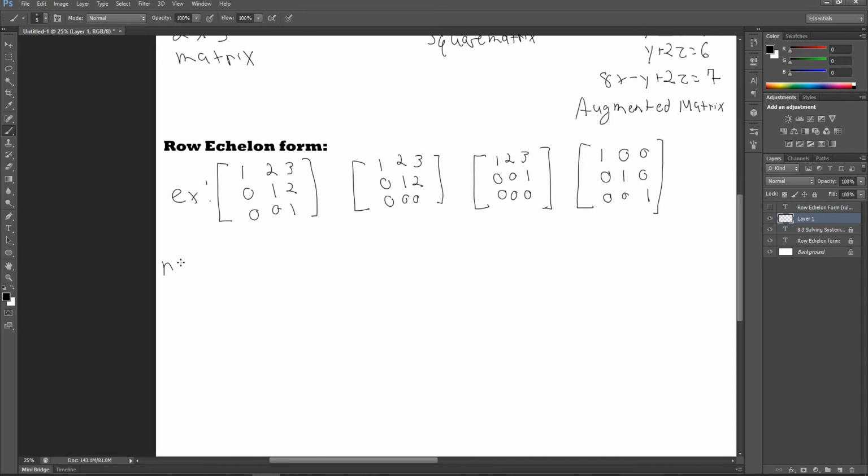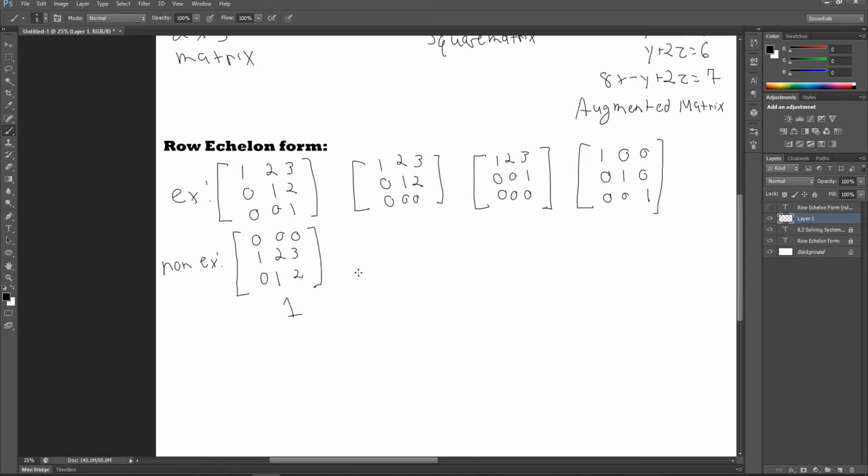And then we also have some non-examples. I need to write these in a different order this time. 0, 0, 0, 1, 2, 3, 0, 1, 2.